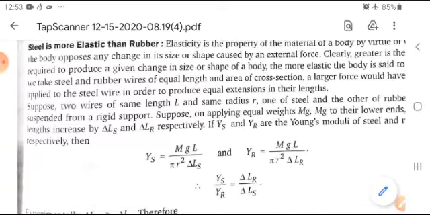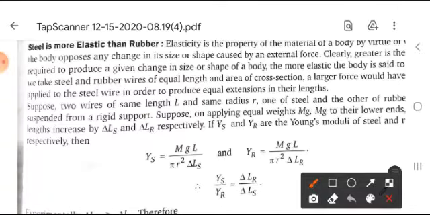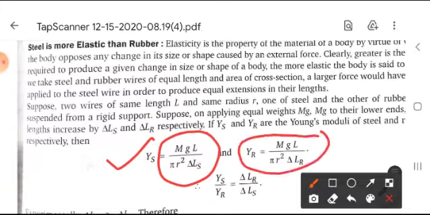So the value of Young modulus for steel is mgL upon pi r square delta Ls, where delta Ls is the increased length in the steel wire. However, Yr is the Young modulus of rubber, that has the value mgL upon pi r square delta Lr, where delta Lr is the increased length of rubber.